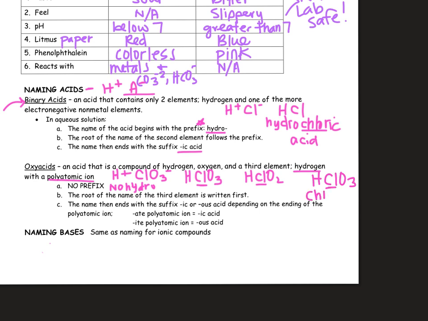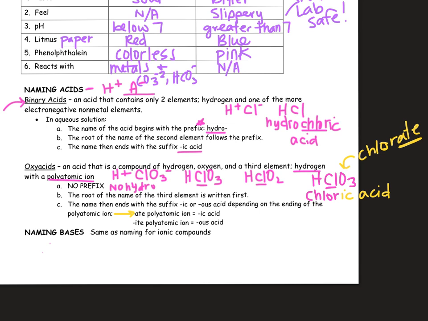The root is chlor, right? And then I look at what polyatomic ion this is. So this polyatomic ion is chlorate. That's the key, is looking at our polyatomic ions. So chlorate, when we look over here at the ate polyatomic ion, becomes ic. So it's going to be chloric acid.